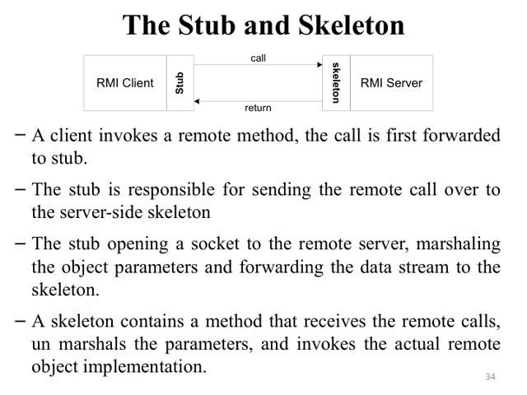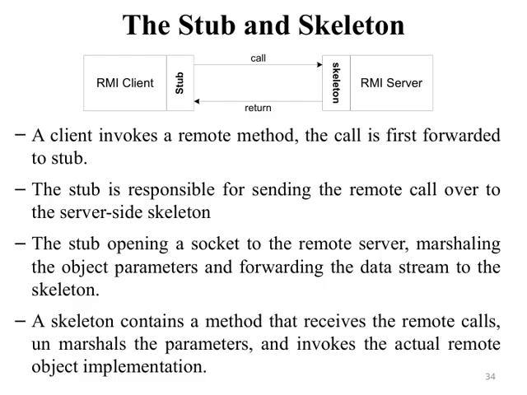Next, the stub opens a socket connection to the server-side skeleton. This step is crucial because it establishes the communication channel between the client and server. Once the connection is set, the stub marshals the object parameters, meaning it serializes or prepares them for transmission, and forwards this data stream to the skeleton.